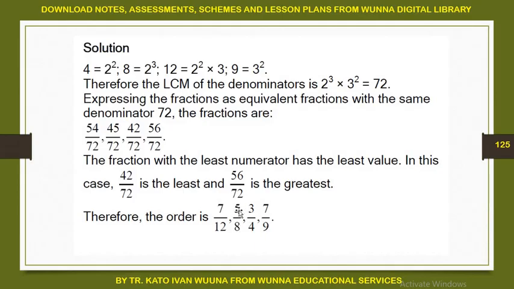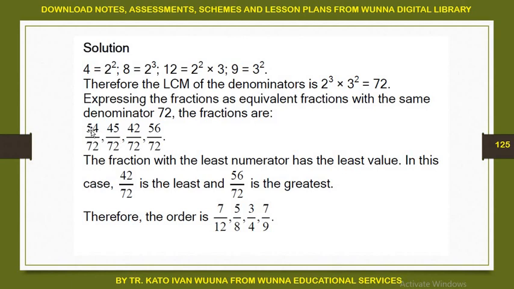Then 9 times 5 is what gives us 45. So meaning that 45 over 72 was from 5 over 8. And since it is the second smallest, it appears second. But the original, not this one. Hope I'm clear.